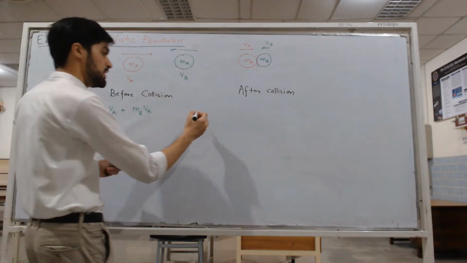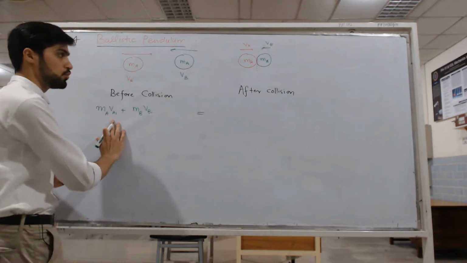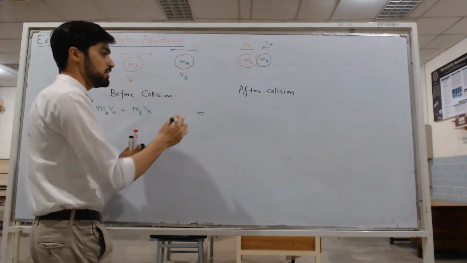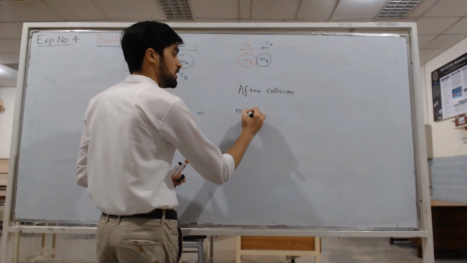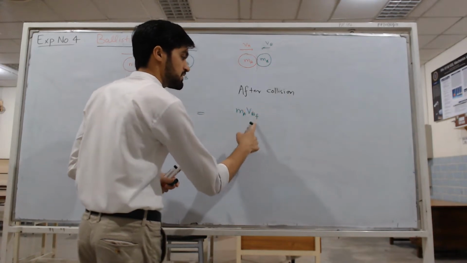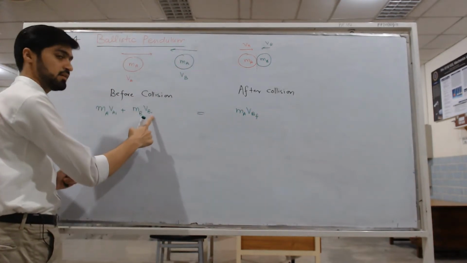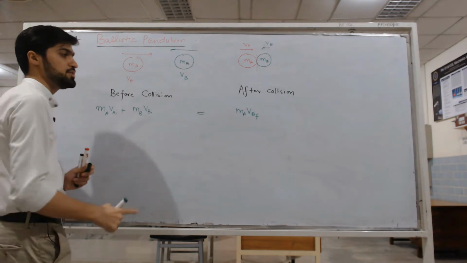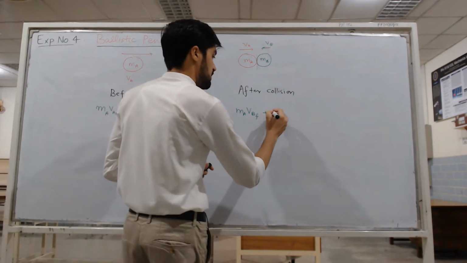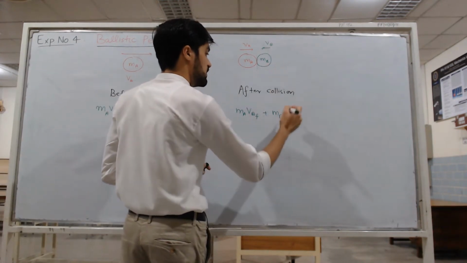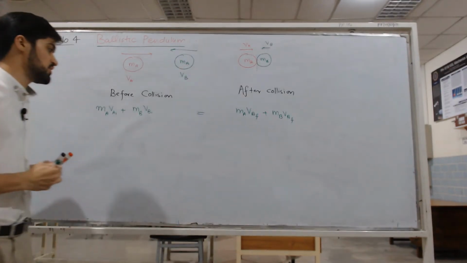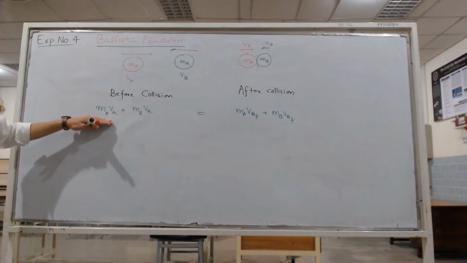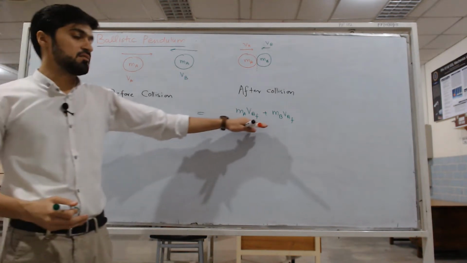So when they collide, this will be equal to, after the collision, the momentum will be equal to m_A v_Af. F represents the final momentum, i in the subscript represents the initial momentum, plus m_B v_Bf, the final momentum of the second ball. So this is the representation of the conservation of momentum. The initial momentum is equal to the final momentum.